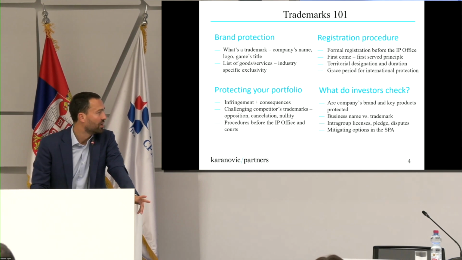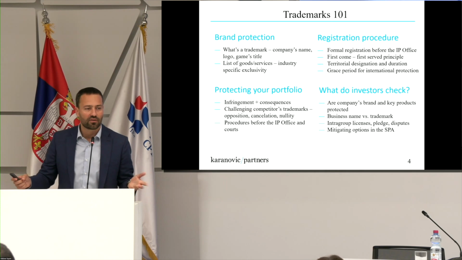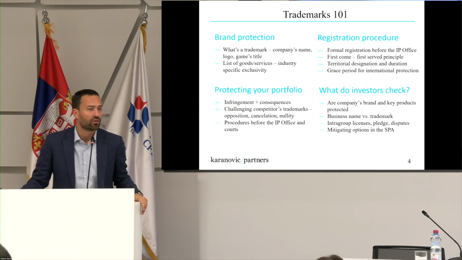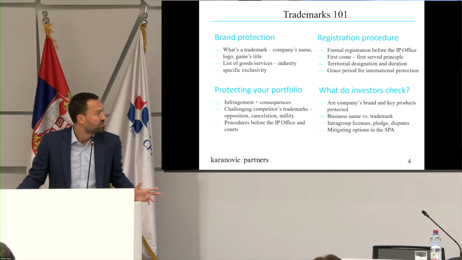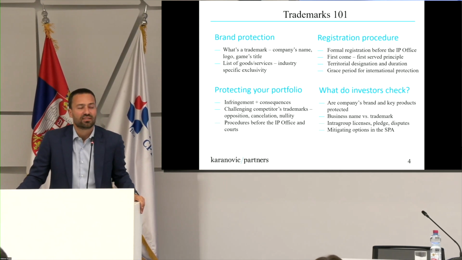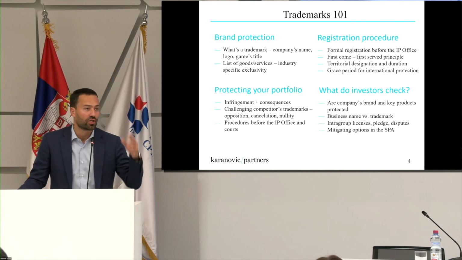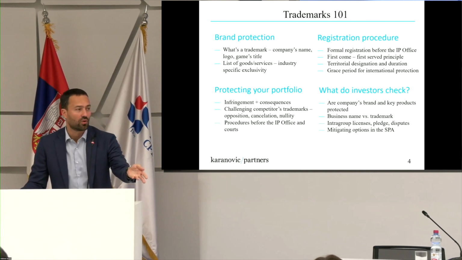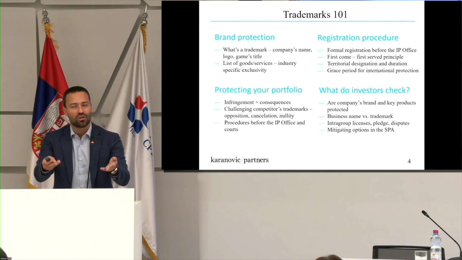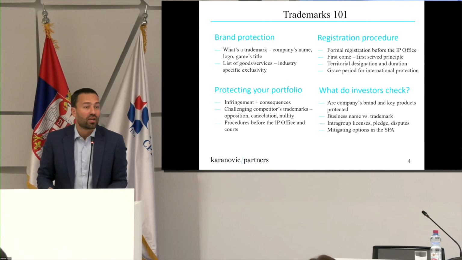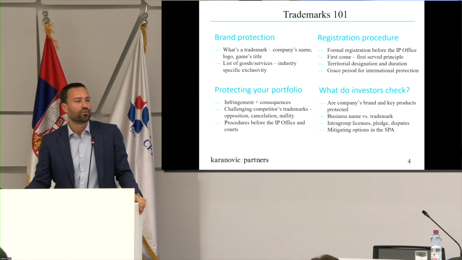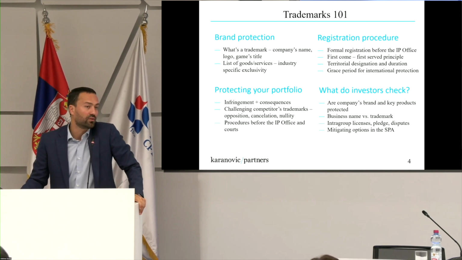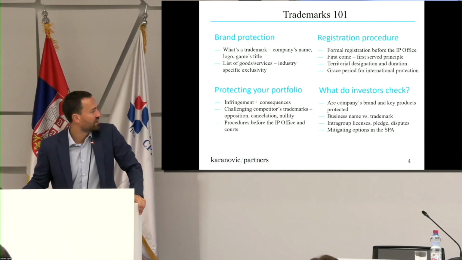In terms of what investors check, they check the regular stuff. Do you have all the IP covering your brand name, your company name, your key products? Are there any disputes? Is there anything else they should worry about? Is there some kind of an intra-group license? If your shareholder holds the trademark and gives the local company a license, and only the local company is the target company being purchased, then you need to reevaluate your agreements in order to keep the right to use a certain specific trademark.